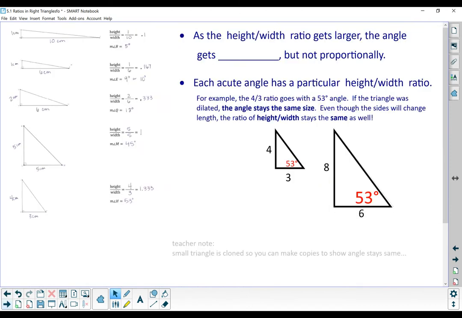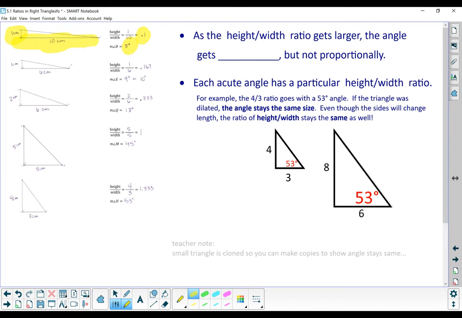In class, we did an activity where we measured some different ratios in triangles, because ratios are going to help us get our answer. For example, this first triangle up at the top has a 1 centimeter height and a 10 centimeter width. So its height to width ratio is 0.1, and that was a 5-degree angle.